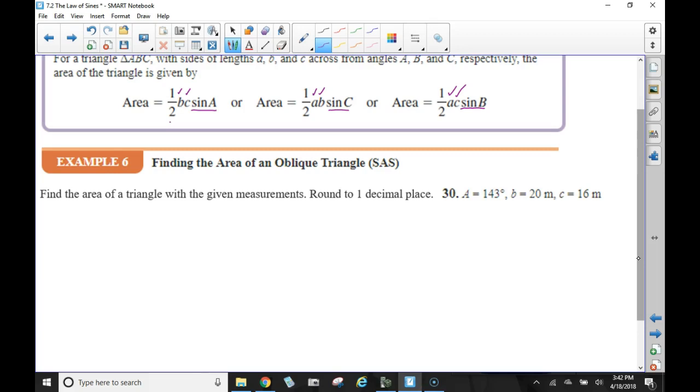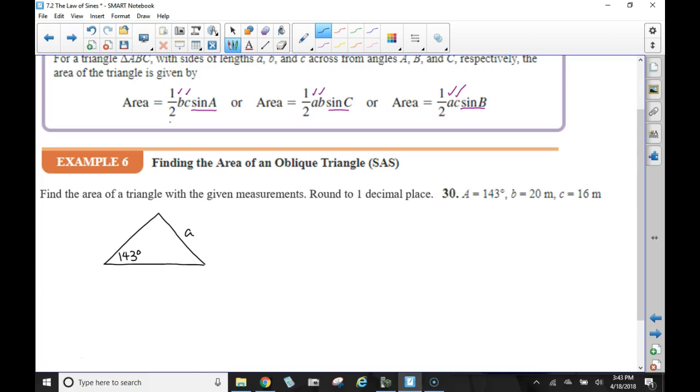I don't know if we need to draw a picture, but it wouldn't hurt anything. Let me draw a picture real quick. I know that this doesn't look to scale, but let angle A be 143 degrees. That means this is side A, in case you care. You don't need that to find the area.